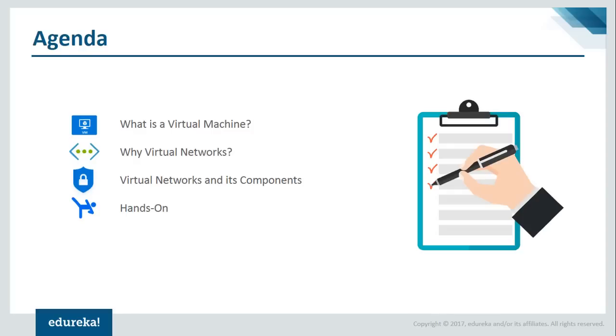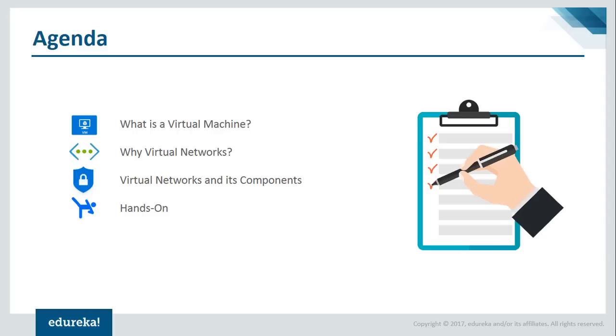Today in this session, first we'll start off with what is a virtual machine. We're going to understand what a virtual machine is, how we can configure it, and how we can launch it in Azure. Once we have done that, we'll move on to virtual network. Before understanding what a virtual network is, we'll first understand why we actually need one. Once that is done, we'll see what a virtual network exactly is and its components.